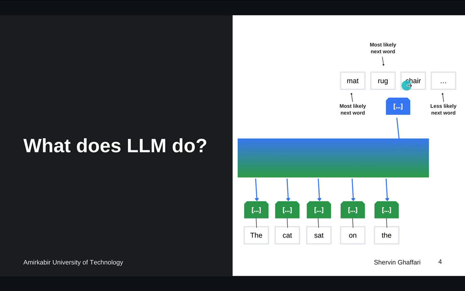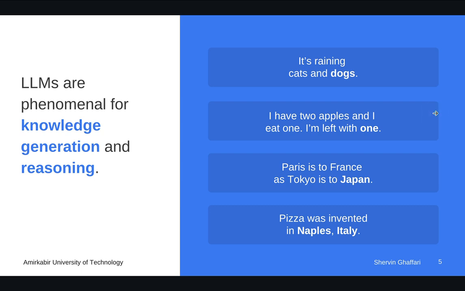The model finds the next most probable token using the softmax function, which makes the sum of all token probabilities equal to one, and predicts the next token that has the highest probability. There are different methods for identifying the next tokens, and we're going to talk about this later. But as you know, LLMs are phenomenal for knowledge generation and reasoning.